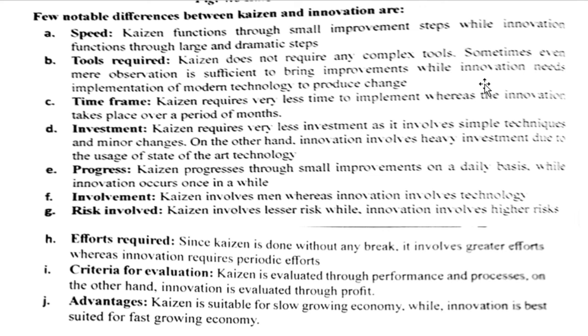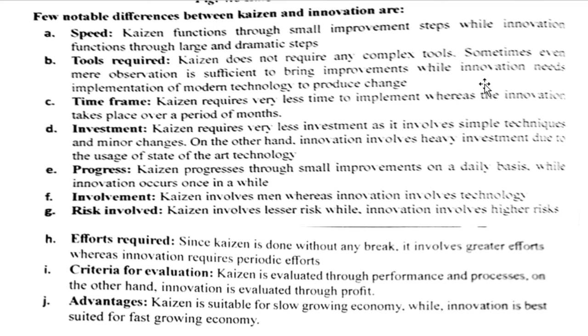The investment in Kaizen is very small as it involves simple techniques and minor changes. On the other hand, innovation involves heavy investment due to the usage of state-of-the-art technology. The fifth concept is progress. Kaizen progresses through small improvements on a daily basis, while innovation occurs once in a while.